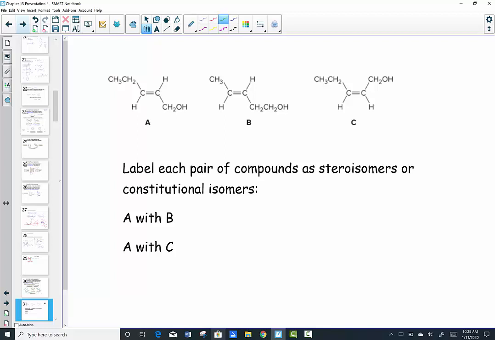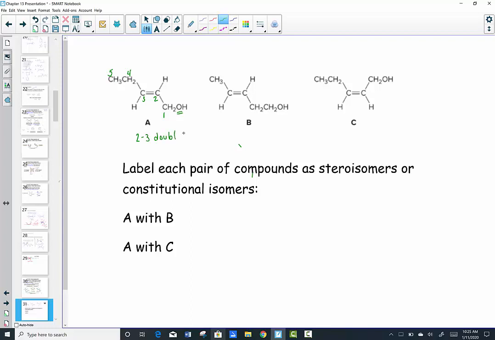At carbon 1 is an OH group. So between carbon 2 and 3 is a double bond. And at carbon number 1, we see that functional group of an alcohol. Just kind of making notes what makes that compound special.